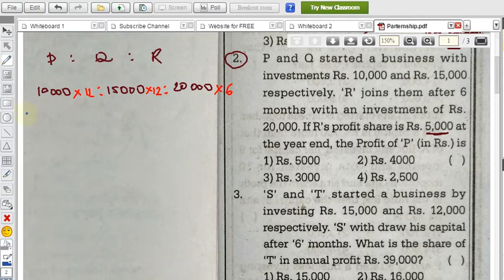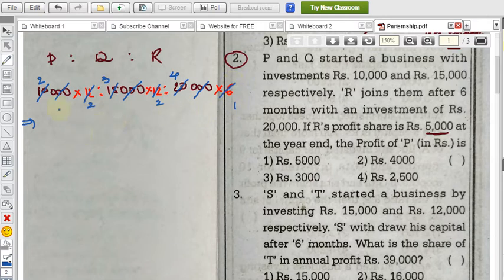So 10,000, 15,000, 20,000, these thousands get cancelled. 10, 15, 20, 5 table. 5 2s are 10, 5 3s are 15, 5 4s are 20. Still 6 table: 6 2s are 12, 6 2s are 12, 6 1s are 6.